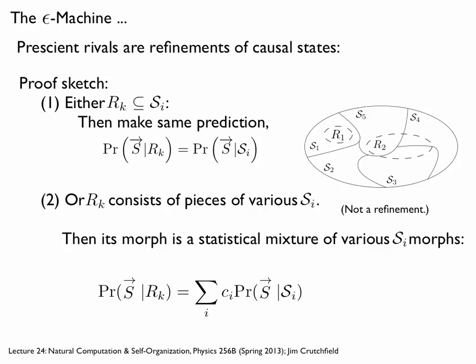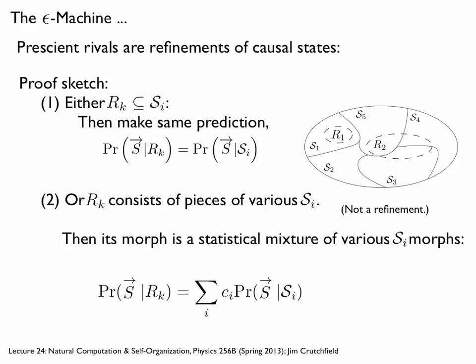In terms of vocabulary, this is not a refinement. It's a mixture of the partition elements. So the future predictions we would make, the future morph conditioned on R2 in this case, is going to be some mixture of the future morphs associated with S5, S4, and S3.